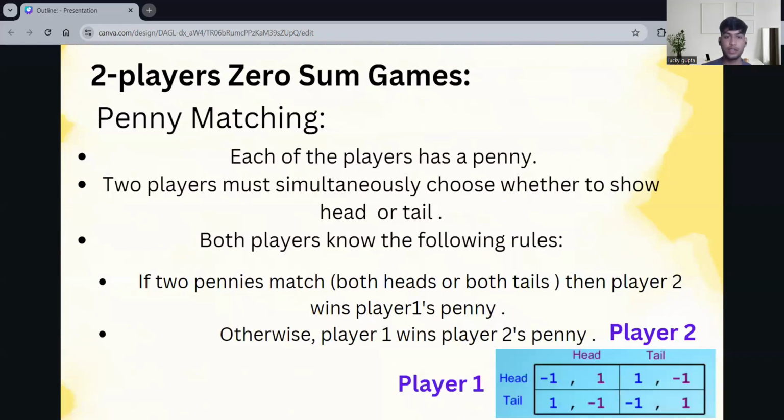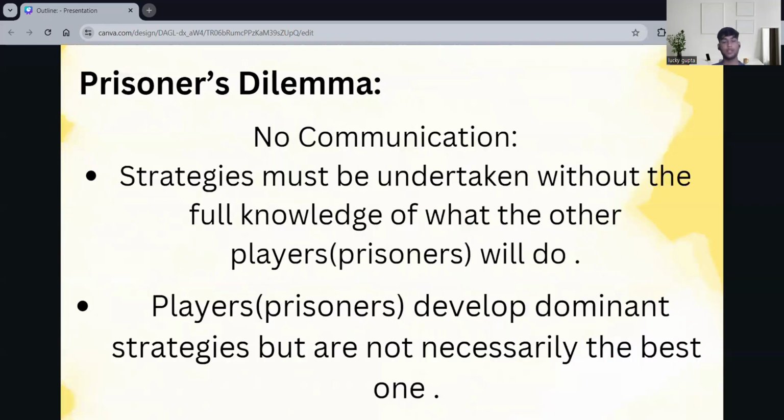Then what's the prisoner's dilemma? It's basically a situation where there is no communication. Let's suppose two people rob a store, but the police don't have proof.